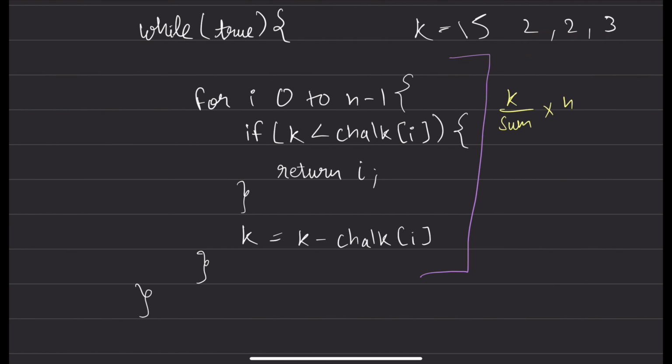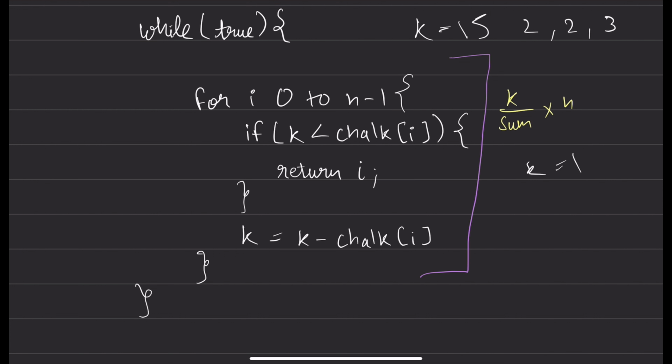I can easily reduce the total from k two times. What is this total? 3 plus 2 is 5, 5 plus 2 is 7. So I can reduce 7, then reduce 7 again, and still I will be left with 1 chalk in the end.